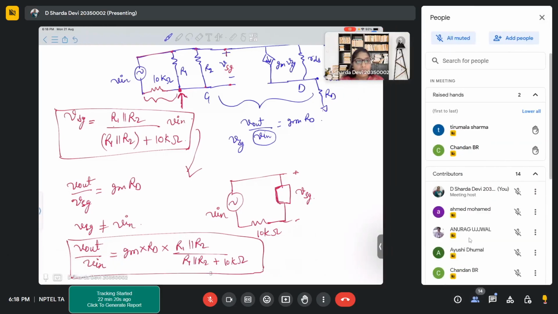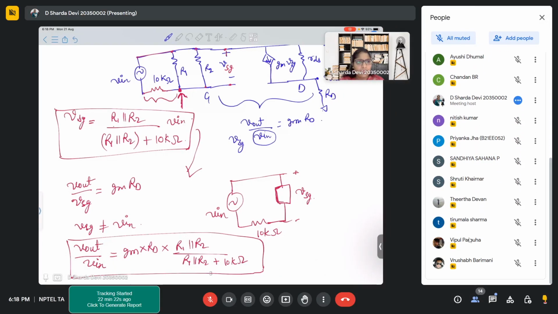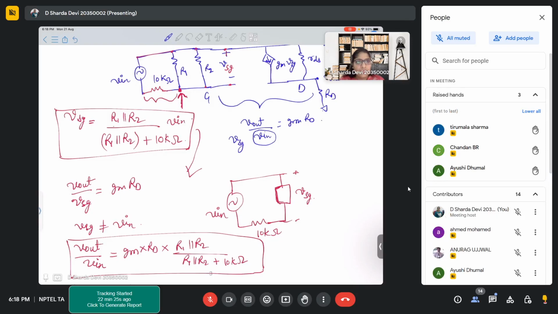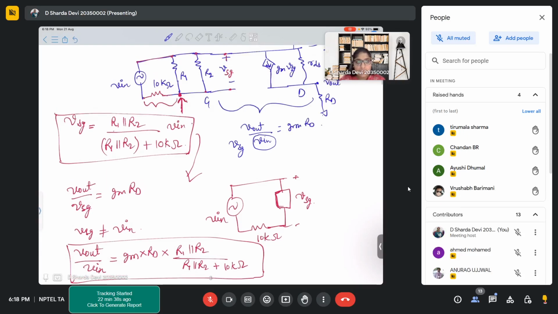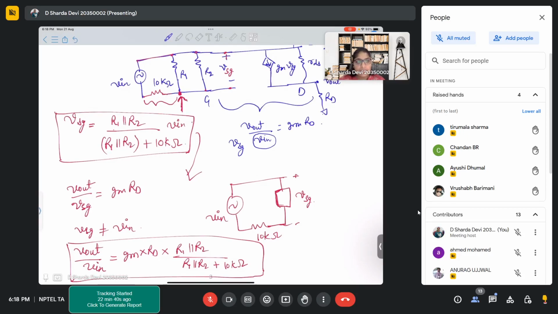Okay, so out of 14, only 3 got it. What about others? Is this formula very difficult to understand?